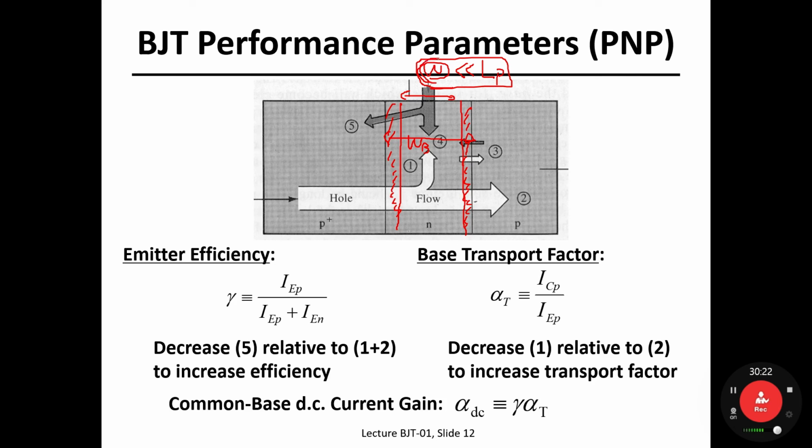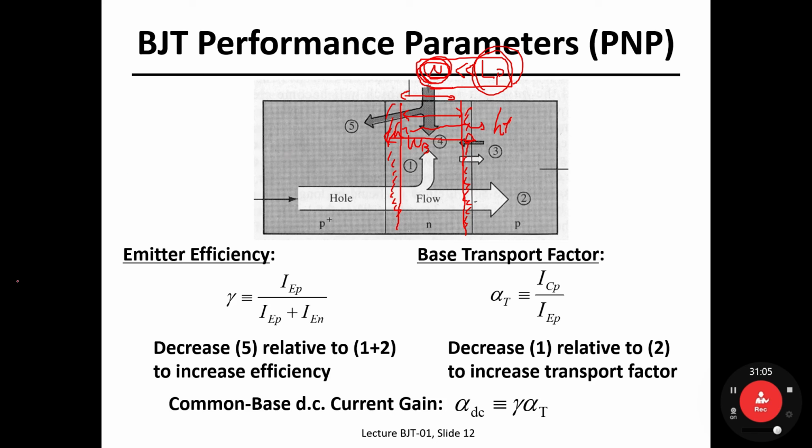So if W, the width of the quasi-neutral base regime, is much shorter than the diffusion length, then most of the holes would survive, on average, without being recombined with electrons in the base regime. Most of the holes injected from emitter can well arrive at the collector regime. So please think about how narrow the base regime is in the BJT for your device to work appropriately.